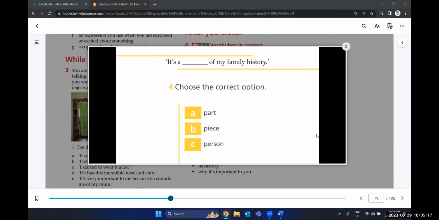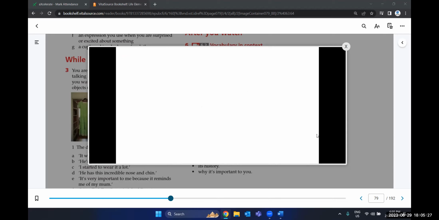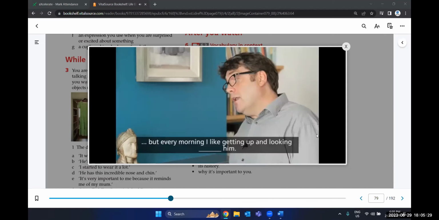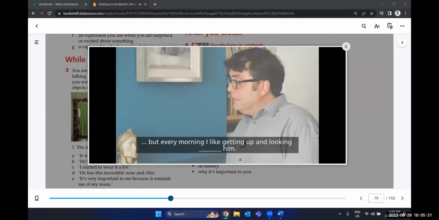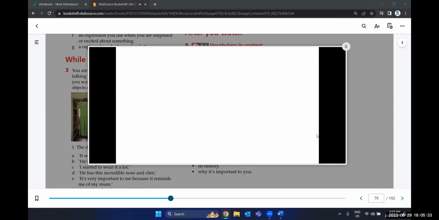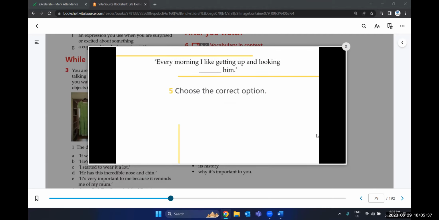Part of. Yes, it's a part of my family history. It's a piece. But every morning I like getting up and looking at things. Yes, we look at someone.